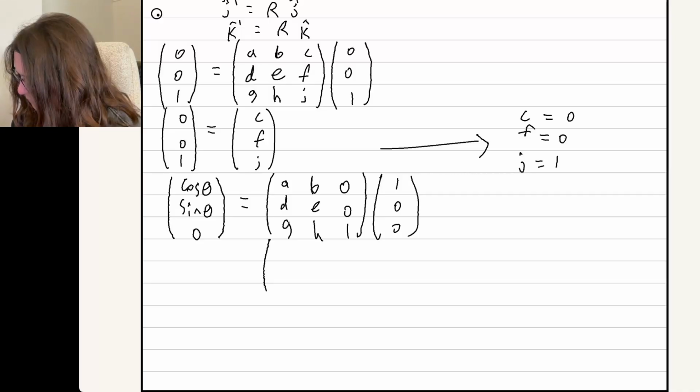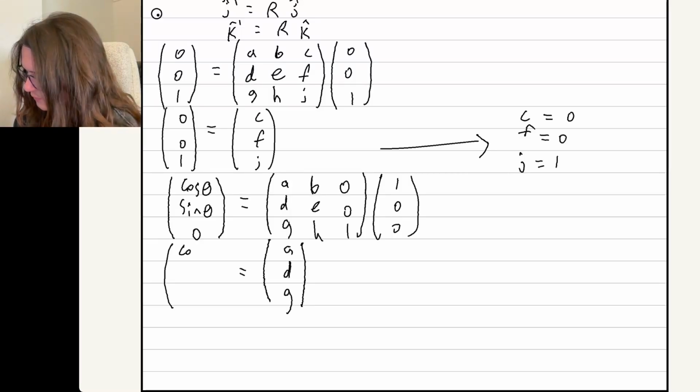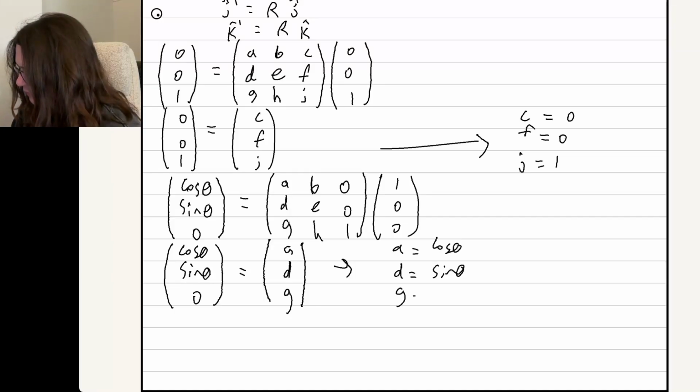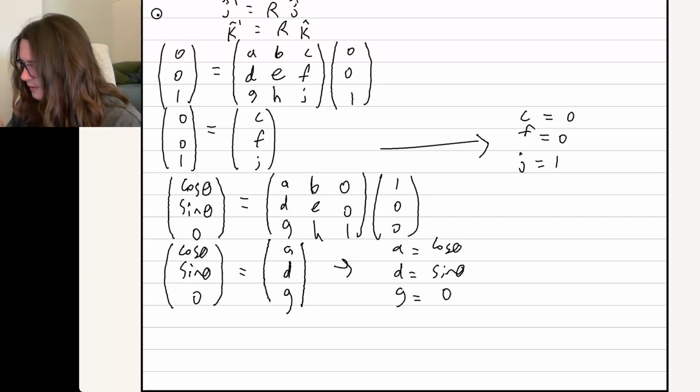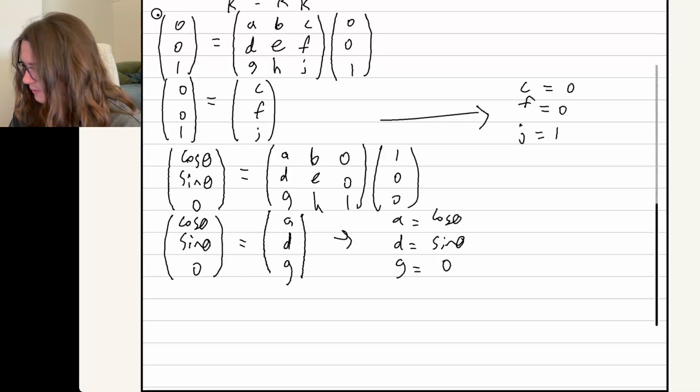Carry out that matrix multiplication and you get A, D, G for the resultant column vector. We know that that has to equal cosine theta, sine theta, 0. So just comparing it component by component, we see that A is equal to cosine theta, D equals sine theta, and G equals 0.